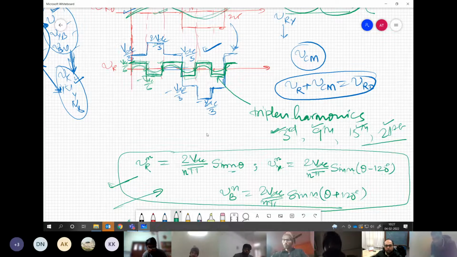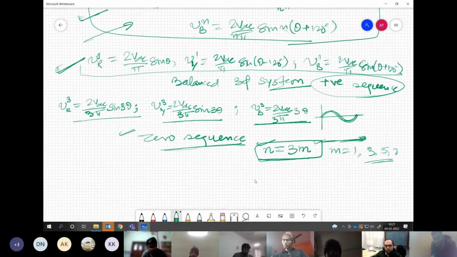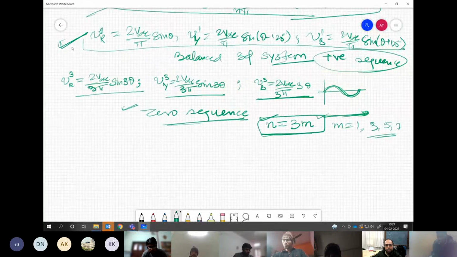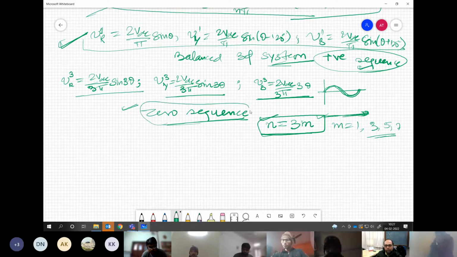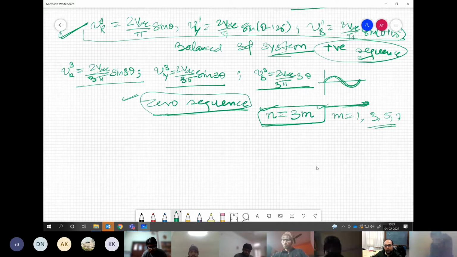So now what we have is, first, a balanced three-phase system with positive sequence. Third, 9th, 15th, etc. are forming zero sequence. Now, what is happening with the fifth harmonic? Let us see. If you work out VR5, it will be 2 VDC by 5 pi sine 5 theta.